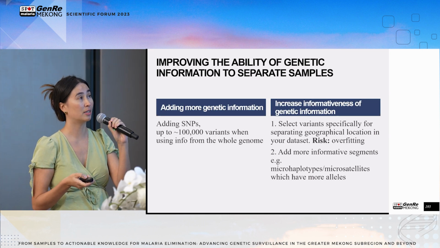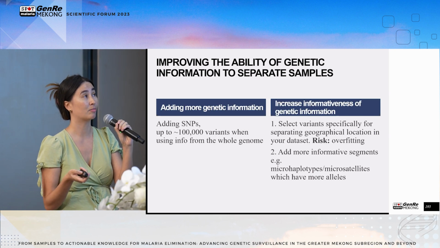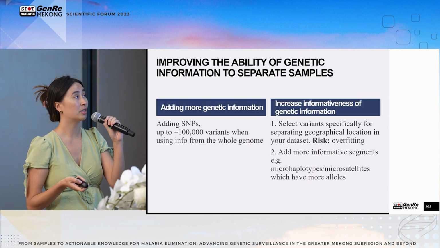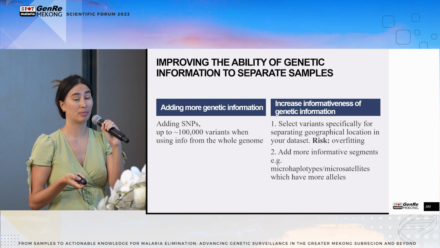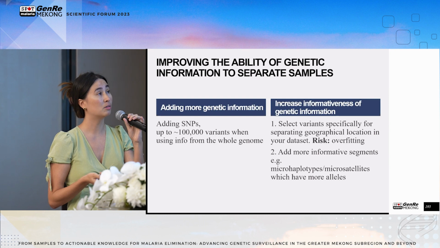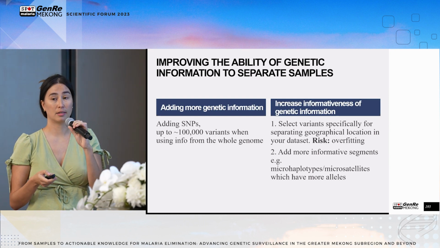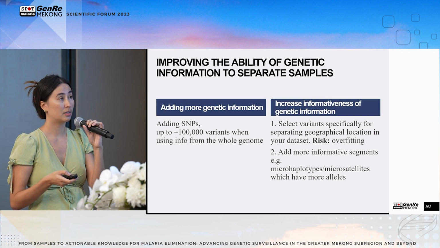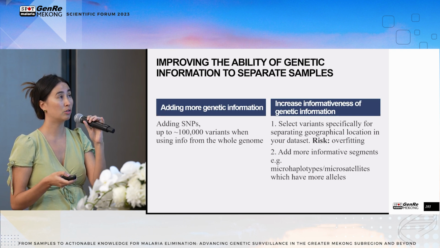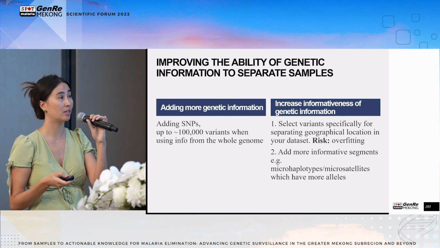You could approach this in two ways. One would be to add more genetic information, and we could add more SNPs up to approximately 100,000 variants from the whole genome. Or you could choose, like Sarah Arben touched upon, to increase the informativeness of genetic information.